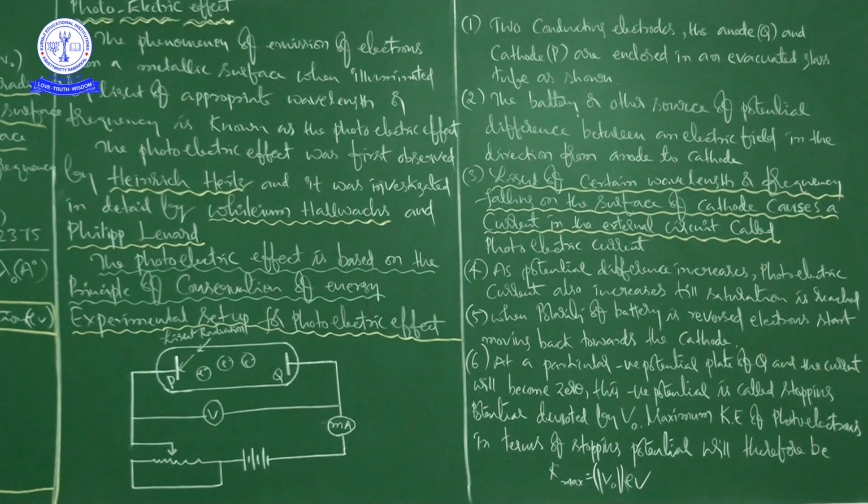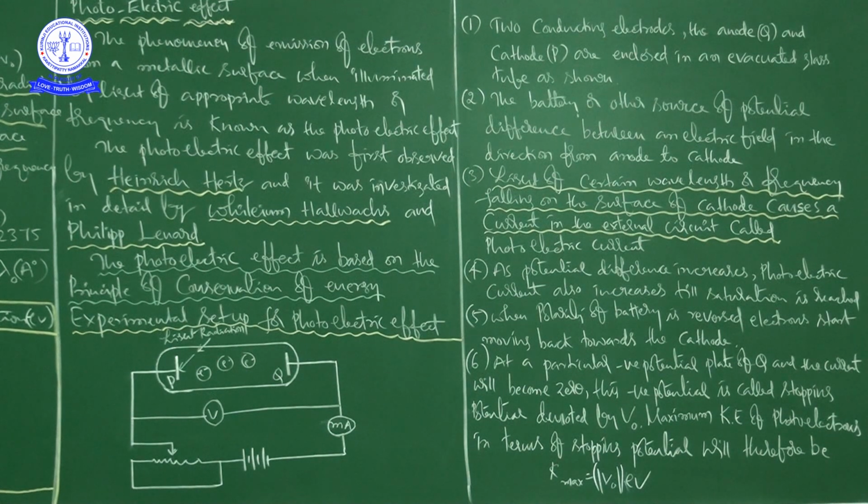Energy is neither created nor destroyed. It can be converted from one form to another form. The total energy in the universe remains constant. This is the law of conservation of energy. So the photoelectric effect is based on the principle of conservation of energy.